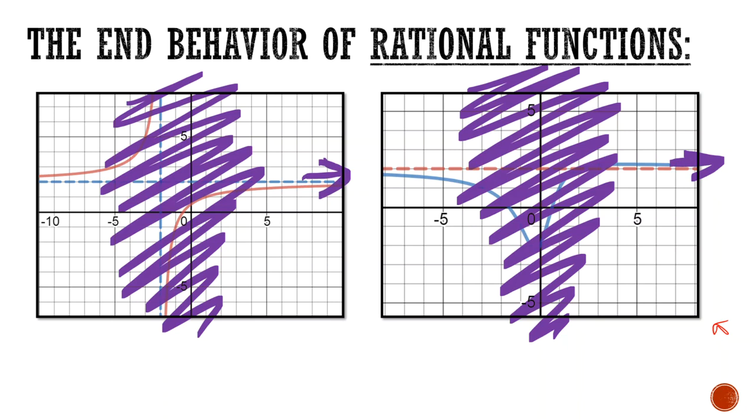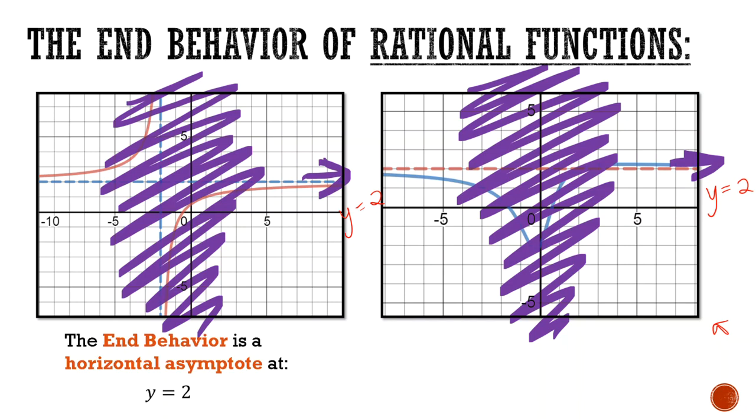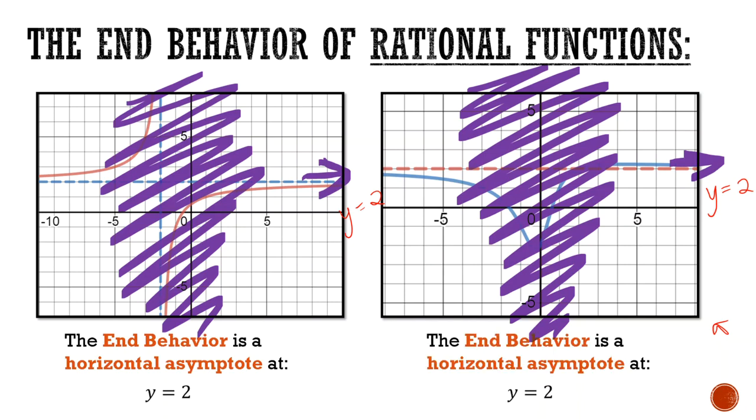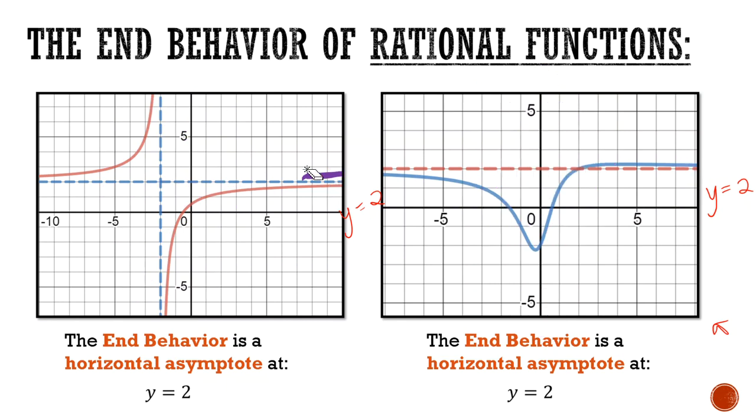And you'll notice that for both of them, as x gets big, we get y equals 2. So even though they looked really different in the middle, it doesn't matter when it comes to end behavior. The end behavior here is at y equals 2, and the same here, despite the fact that in the middle they look quite different.